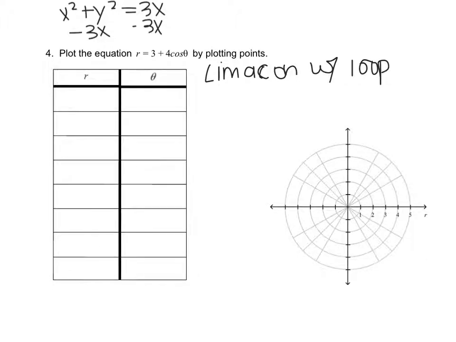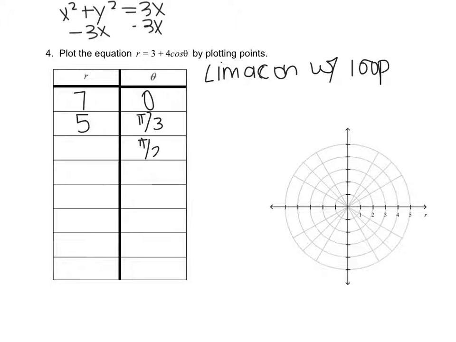So I'm going to start off by picking the value 0 for theta, which is going to give me a value of 7 for r, and I'm not going to show my work here. You guys can use a calculator to evaluate for each of these values of theta or work them out on your own. Next, I'm going to choose the value pi over 3, which is going to give out 5 for r.